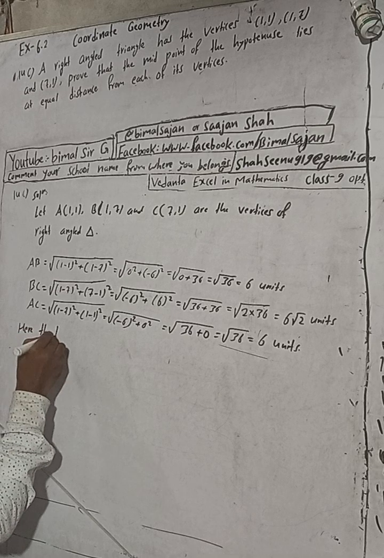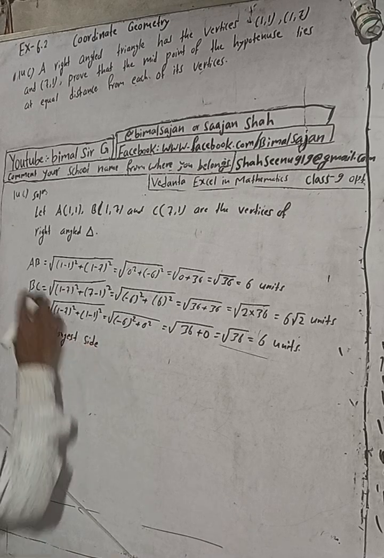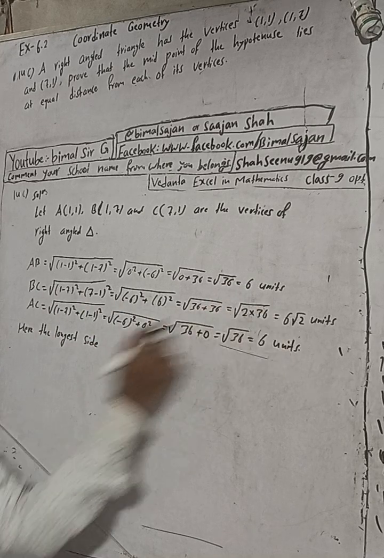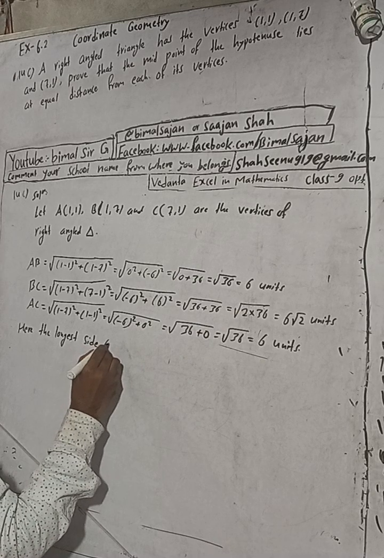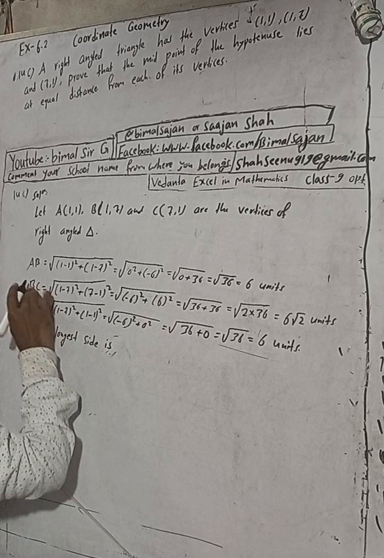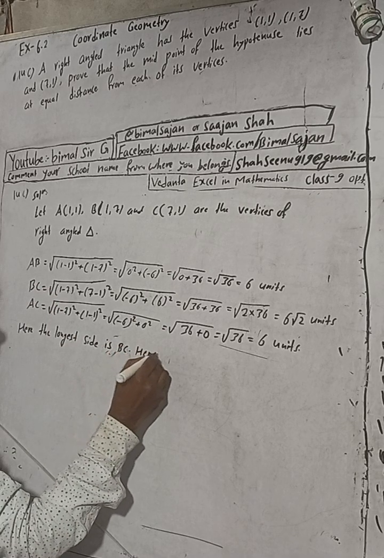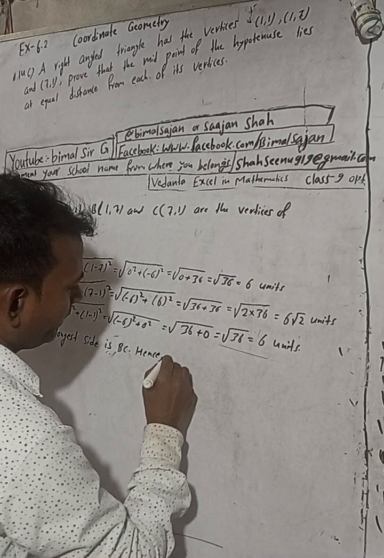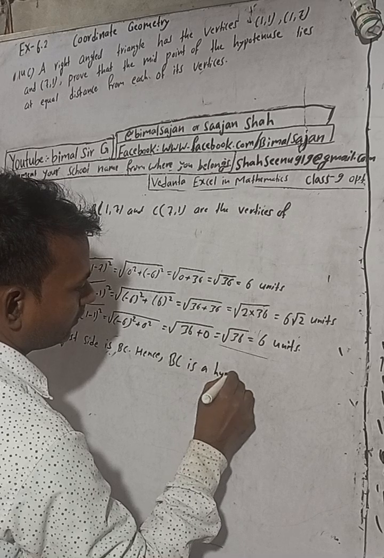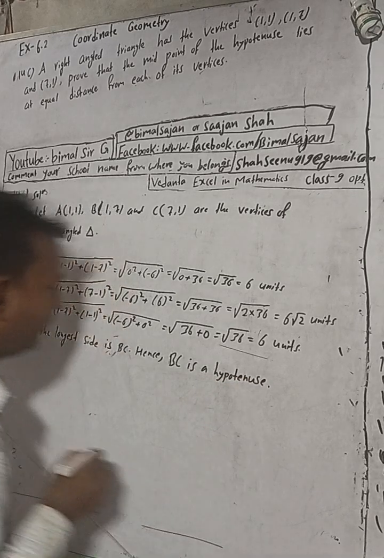AB is 6, but BC is more than 6, so this is the longest side. Hence BC is a hypotenuse.